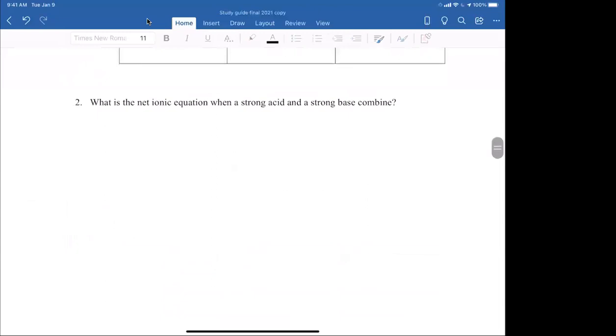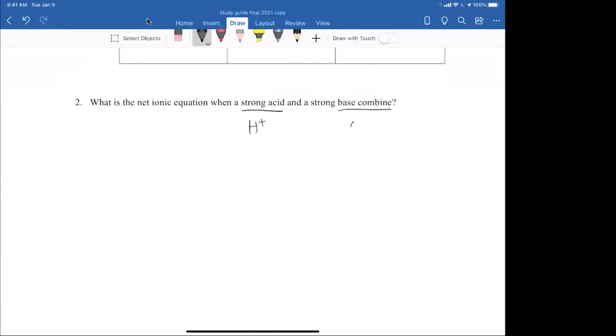Okay, then for number 2, it says, what is the net ionic equation when a strong acid and a strong base combine? Just a reminder, acids have hydrogen, right? Bases have hydroxide. So when we have a strong acid plus a strong base combined, they will always form water, meaning they will always neutralize.